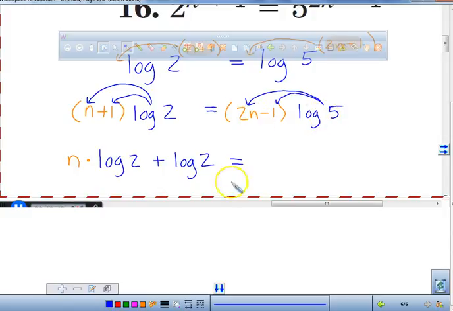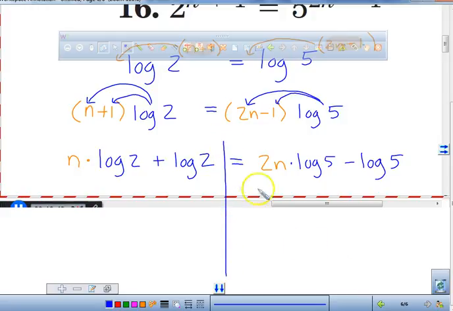Log of 5 times 2n becomes 2n times the log of 5. And the log of 5 times negative 1 is? Okay, so everybody write that down.